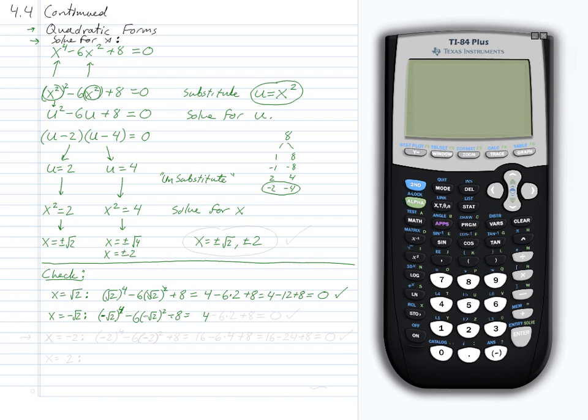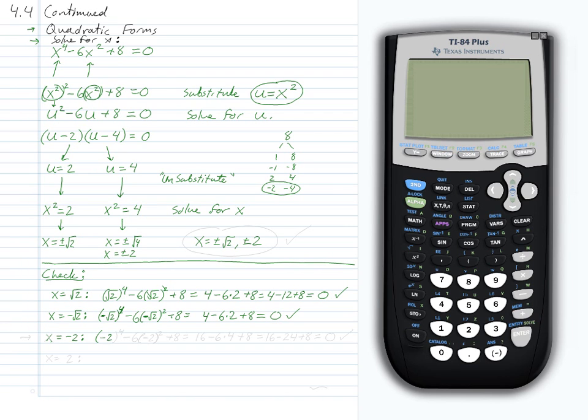So we still get 4. Squaring the negative here in the second term and squaring 2 is still going to give us 2 plus 8. And we saw that this is exactly 0. So checking the positives and the negatives, the process will look very similar. Now, we'll do the same kind of thing. We'll check x equals negative 2.